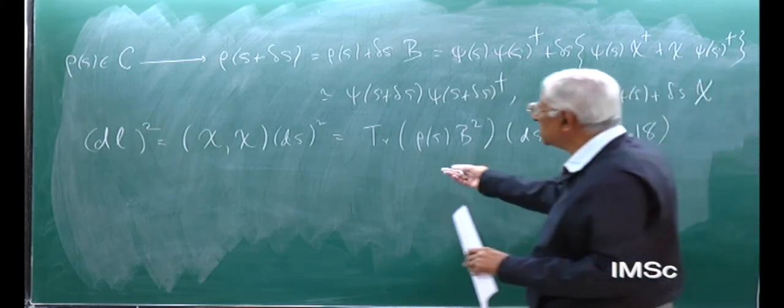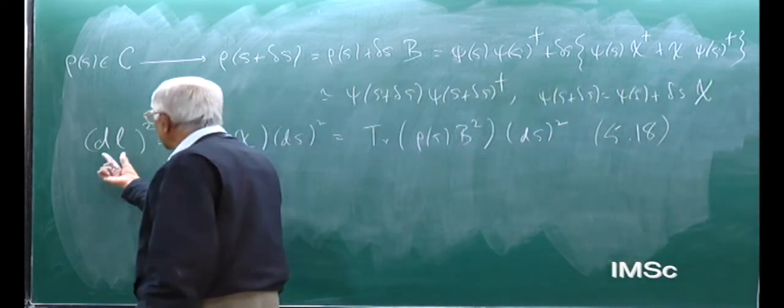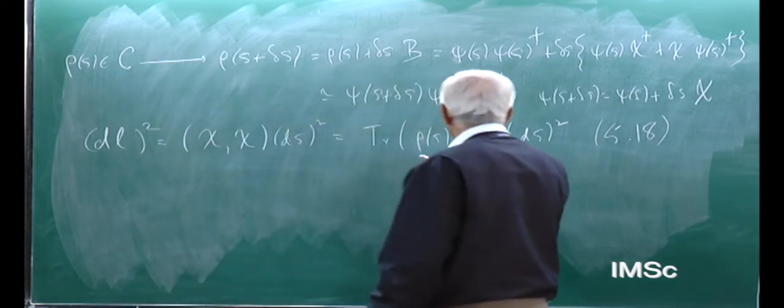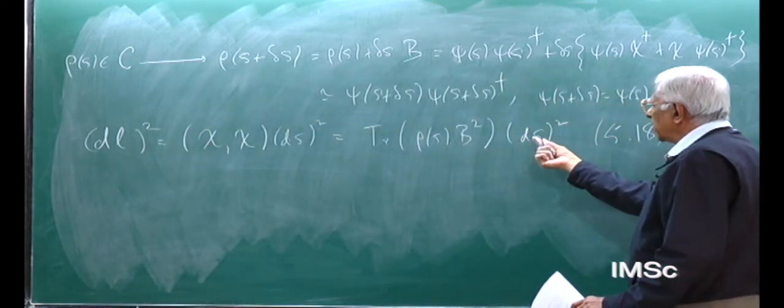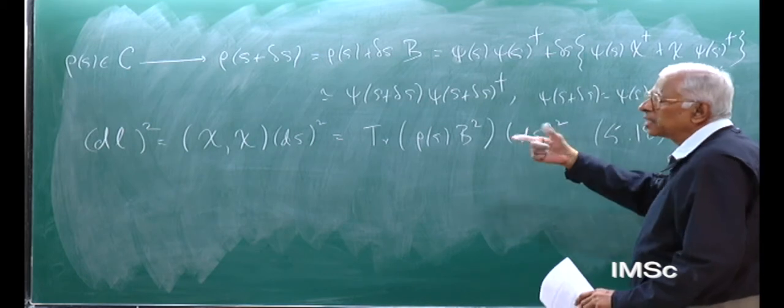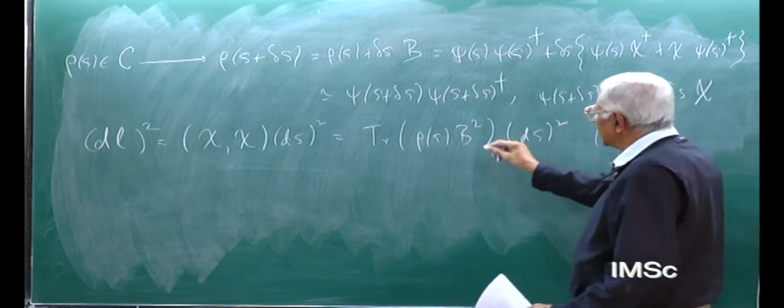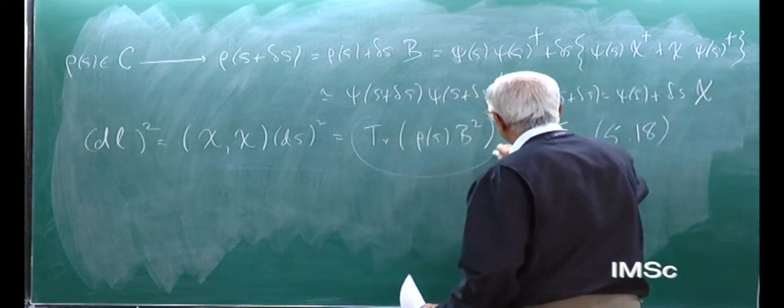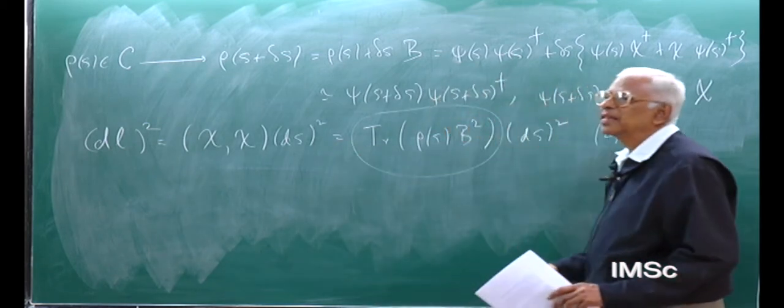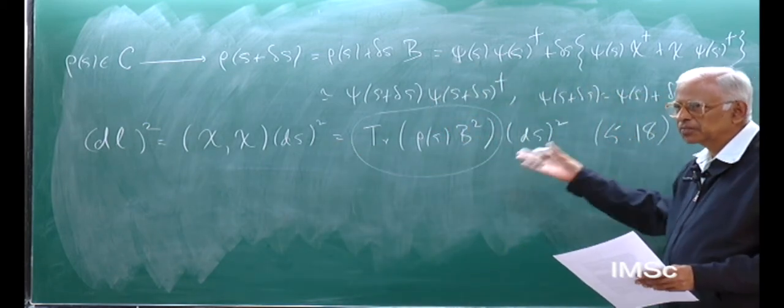So what does this mean? The square of the length is a certain expression times the square of the increment in the parameter. This tells you this is the metric tensor for this problem.